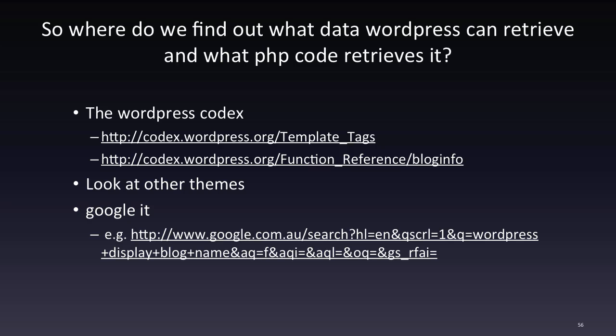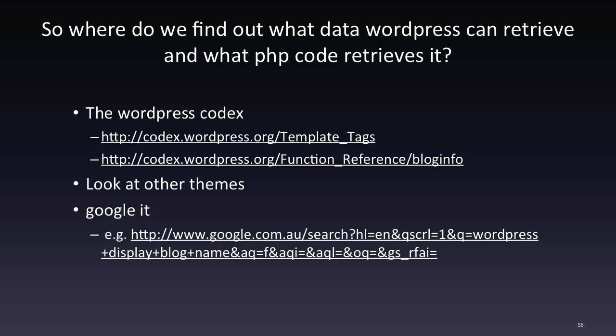Essentially, these are all WordPress functions, but they have a subset of their functions which they call template tags, to differentiate them as functions used for theme development as opposed to functions used for core WordPress development. But essentially they're all PHP functions built into WordPress, and you'll find all of them underneath the template tags and the function references.